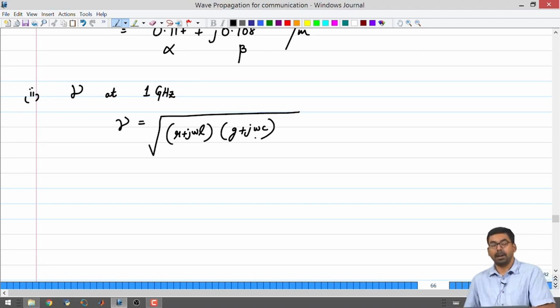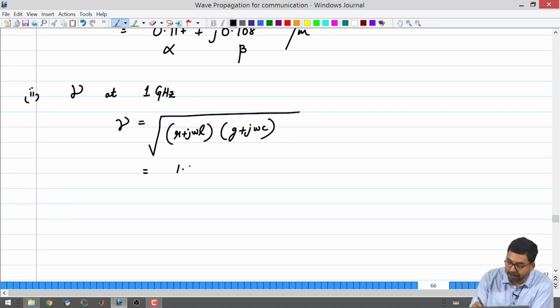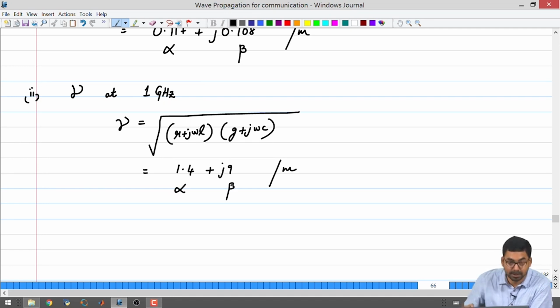I immediately notice that omega is present in the numerator, which means I am going to be plugging higher values of omega into this equation. As a consequence, I should expect that my alpha values are going to be higher. I do not want to substitute once again, but the value that I have is 1.4 plus j 9 per meter. Once again, the real part is alpha and this is the phase constant.